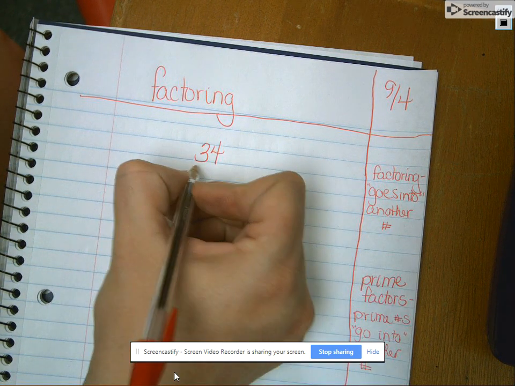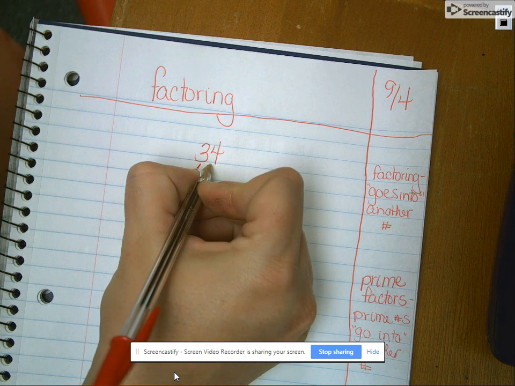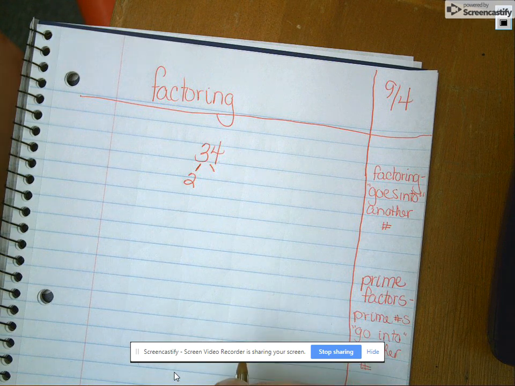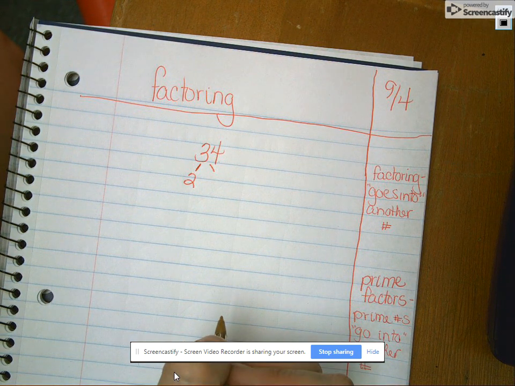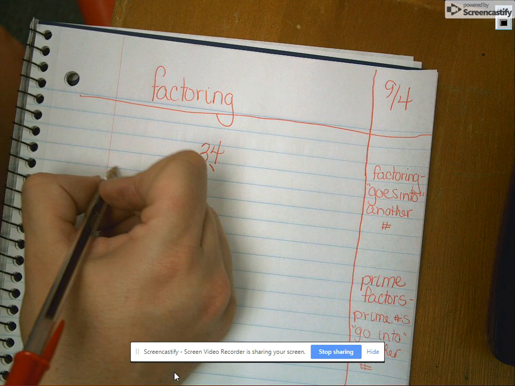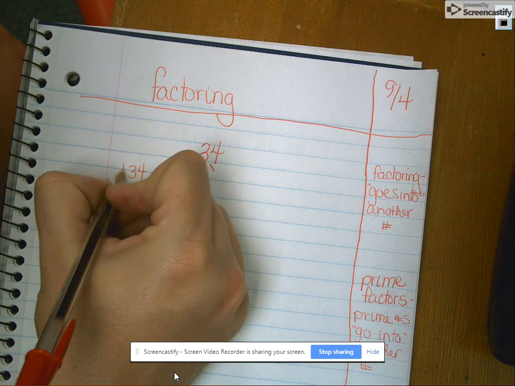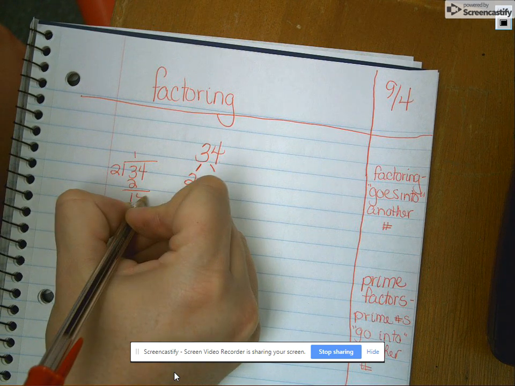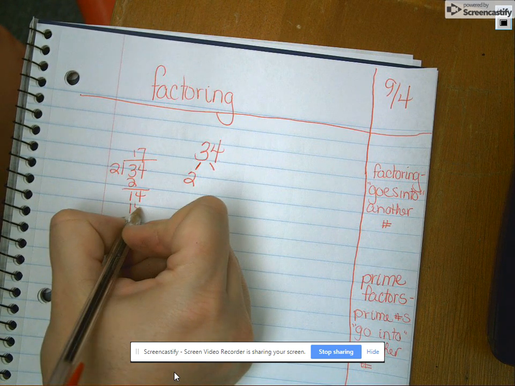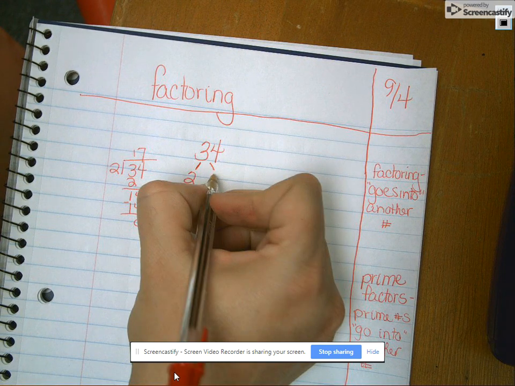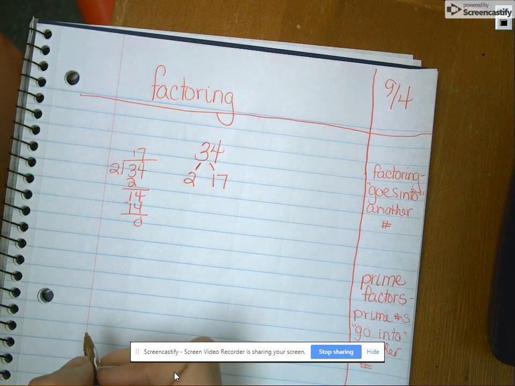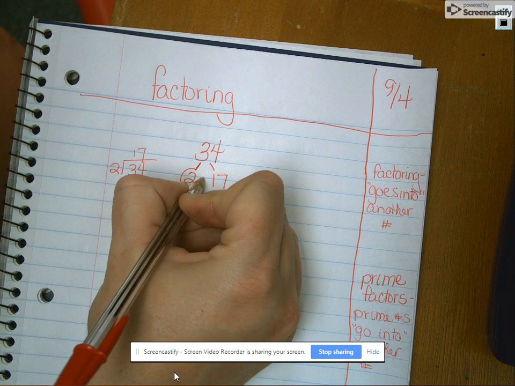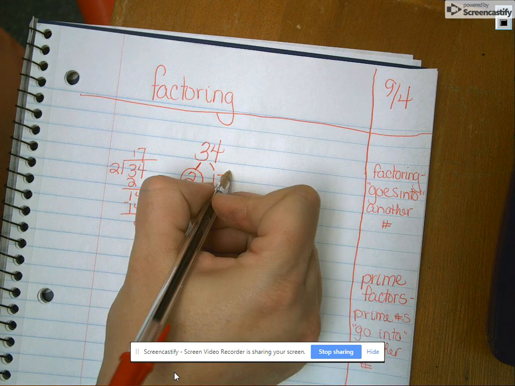I know that 2 can go into 34 because 34 is an even number. So I put down a 2 and I'm going to think what times 2 equals 34? Well, I'm not quite sure, so I'm going to divide it over here. Oh, look, it's 17. So 2 times 17 is 34. 2 is a prime number, so I circle it. 17 is a prime number, so I circle it.